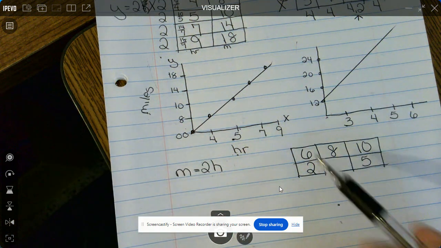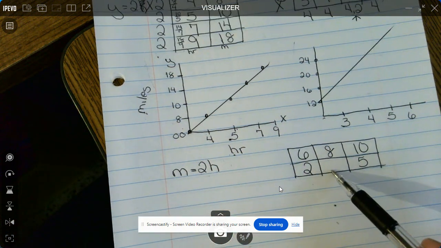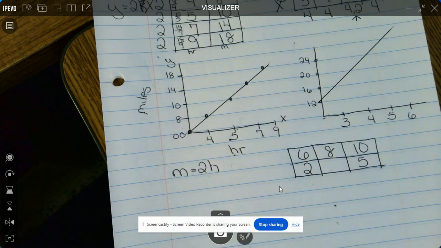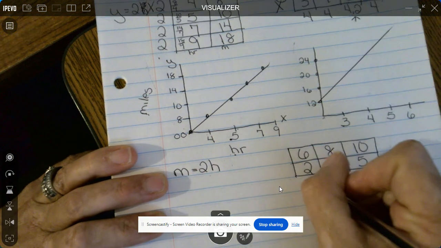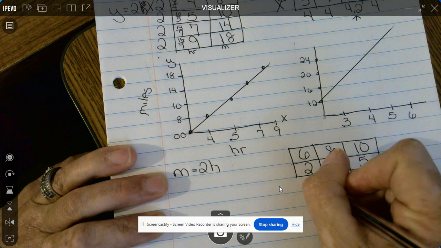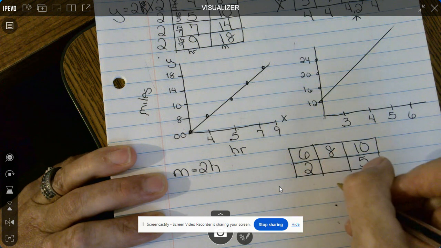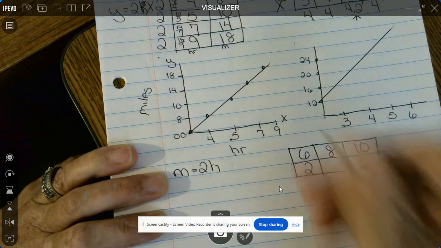All right, so with this one, if you have a missing spot here, how are you going to figure it out? Okay, you're saying 6 divided by 2 is 3. Oh wait, hold on, I messed this one up.